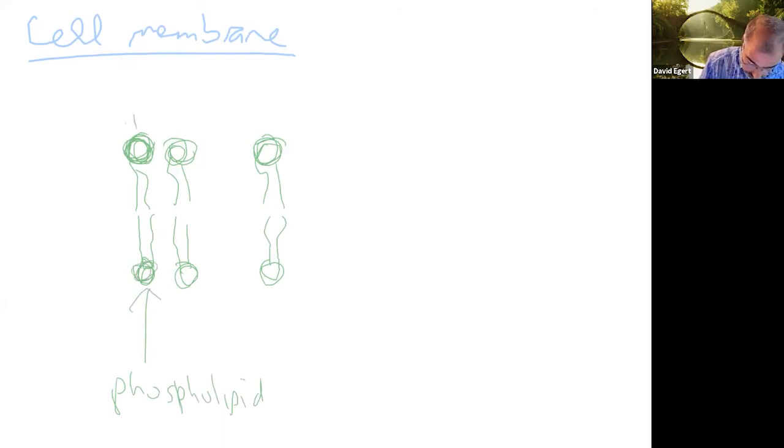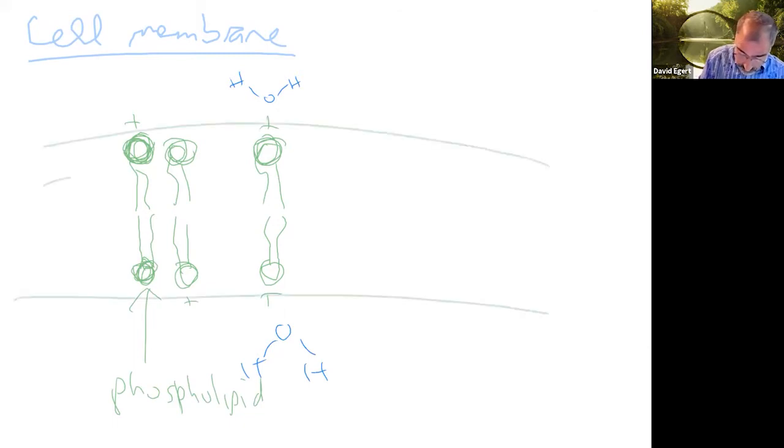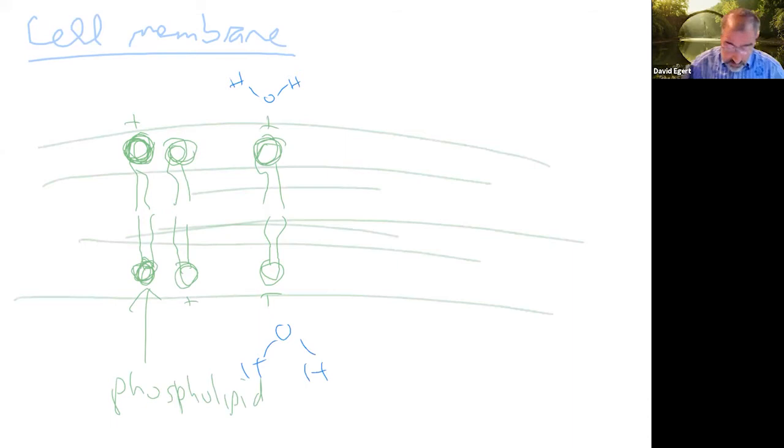Again, the heads are polar, so they will want to be out towards the water. The tails are nonpolar and therefore make this hydrophobic region in the middle here.